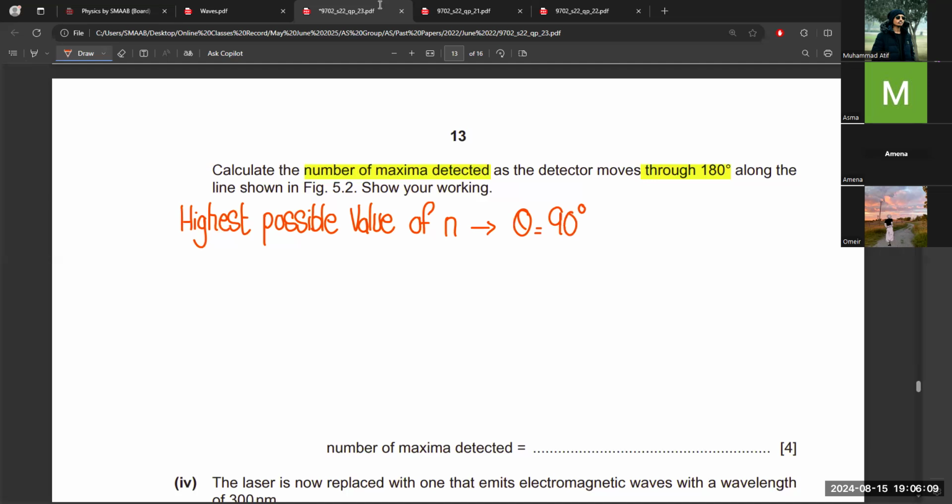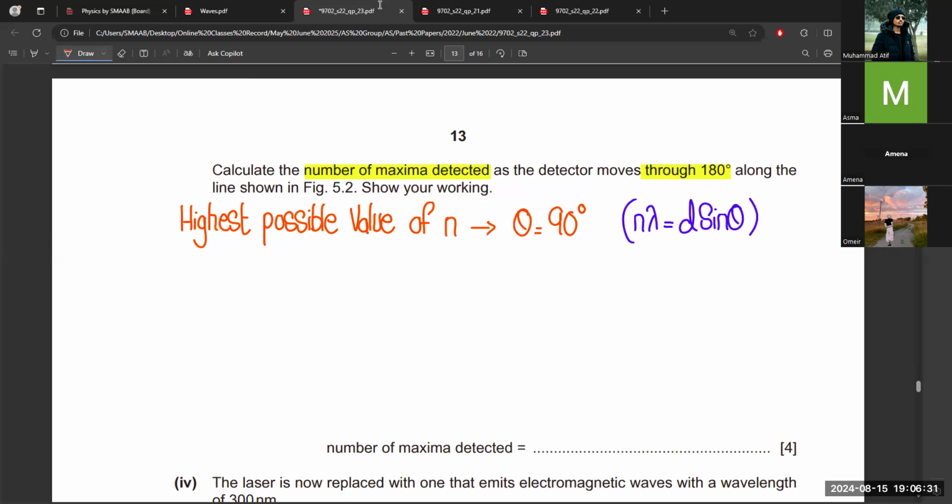This is the maximum angle we can reach in a half semicircle. And the formula is n lambda equals d sine theta. So we have angle 90 degrees, and sine 90 is equal to 1. Definitely, we know about it.